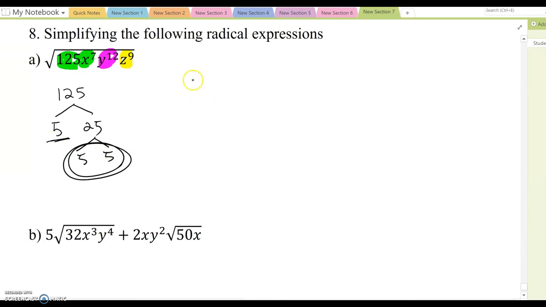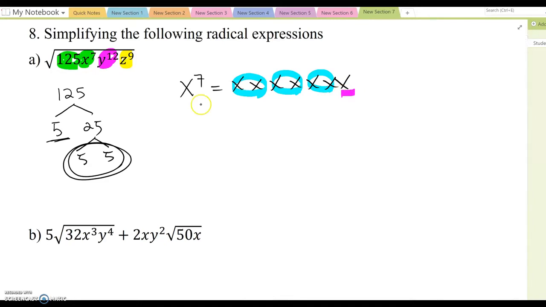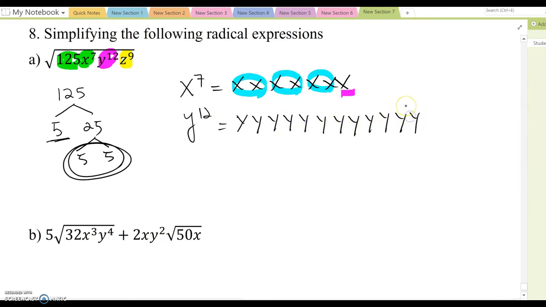Okay. Now x to the 7th, which means 1, 2, 3, 4, 5, 6, 7. So 1 pair, 2 pair, 3 pair come out, and then this remaining x must be inside of the square root. And y to the 12th, same thing. So 1, 2, 3, 4, 5, 6, 7, 8, 9, 10, 11, 12.